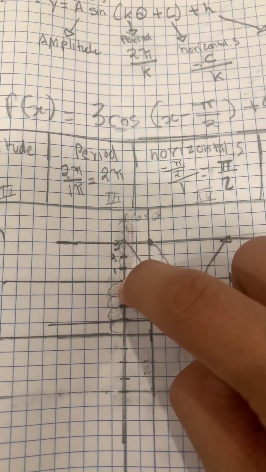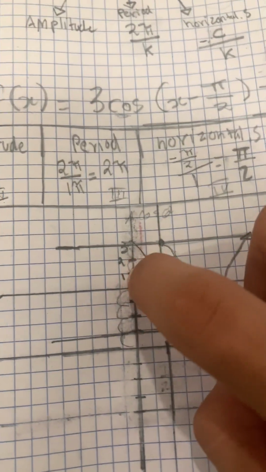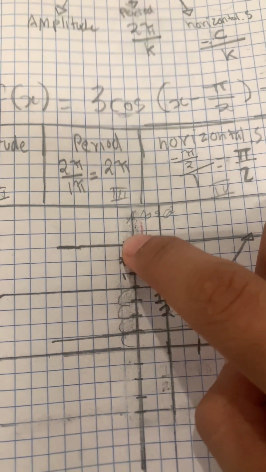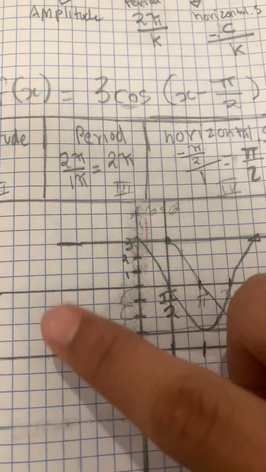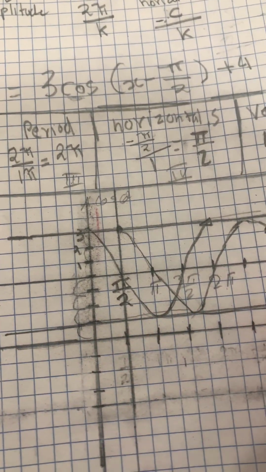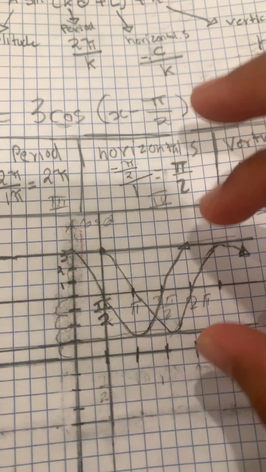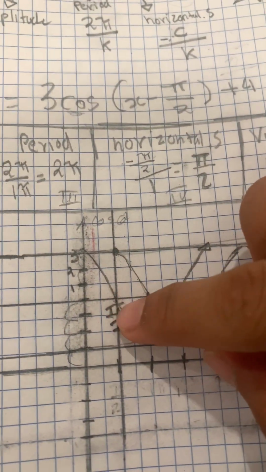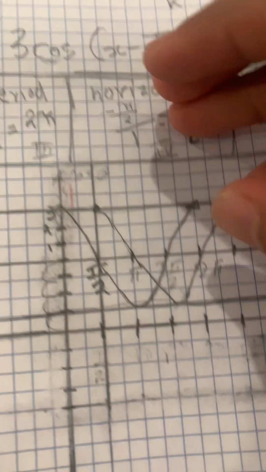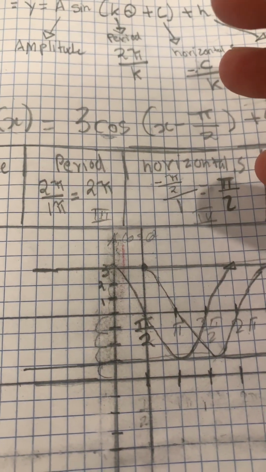From there, our second step is the amplitude. Amplitude goes up by 1, 2, 3, and it goes down by 1, 2, 3. So for 3, we draw a line over there, and for 3, we draw a line over here. So our graph will be inside these two lines. And to do our graph, our third step is to find the period.